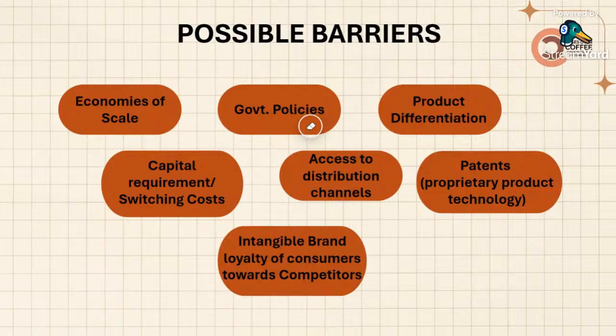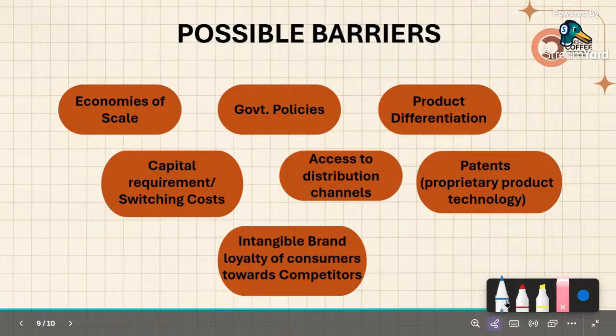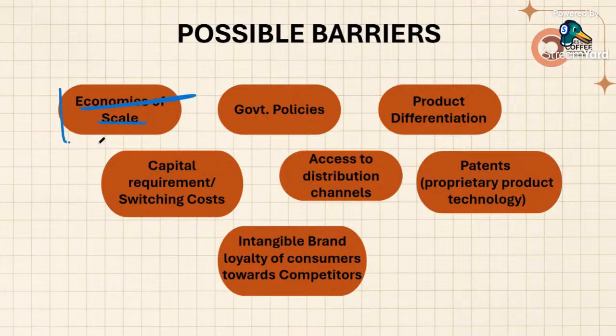Moving forward to the possible barriers, which I said I'm discussing. The possible barriers in market entry would be the economies of scale. What is meant by economies of scale? Let's say if you're producing 10 goods, you'll incur a certain cost. But if you're producing the same product in a quantity of 10,000 or 1 crore, then your overall cost will reduce.